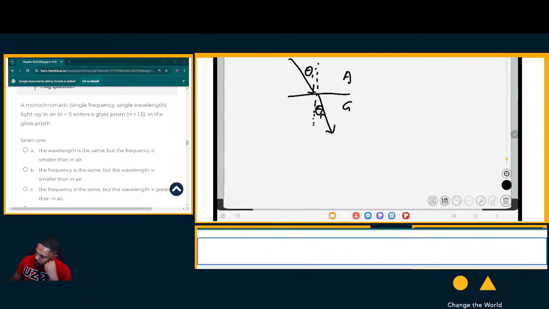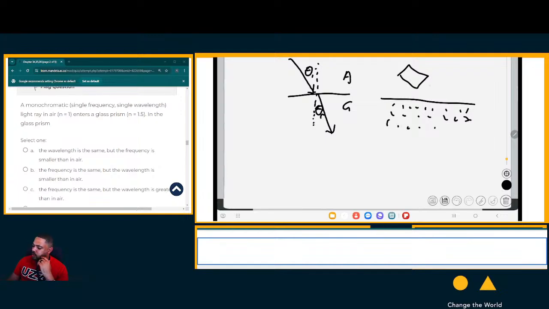So, as we've said before, when light enters a medium with a higher refractive index, it is bent towards the normal. Think about it as a car driving on a pavement on this side and grass on the other side. As soon as its wheels start touching grass, if it enters the grass at an angle, the grass will slow the wheels down.